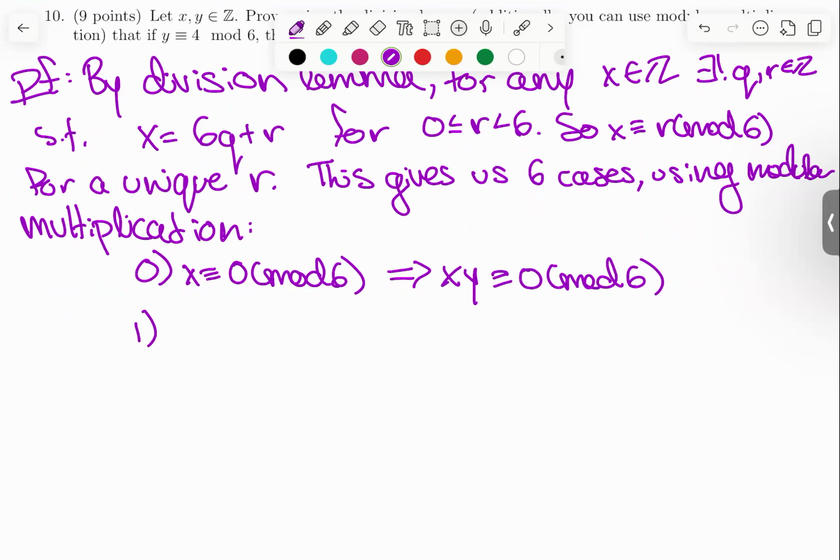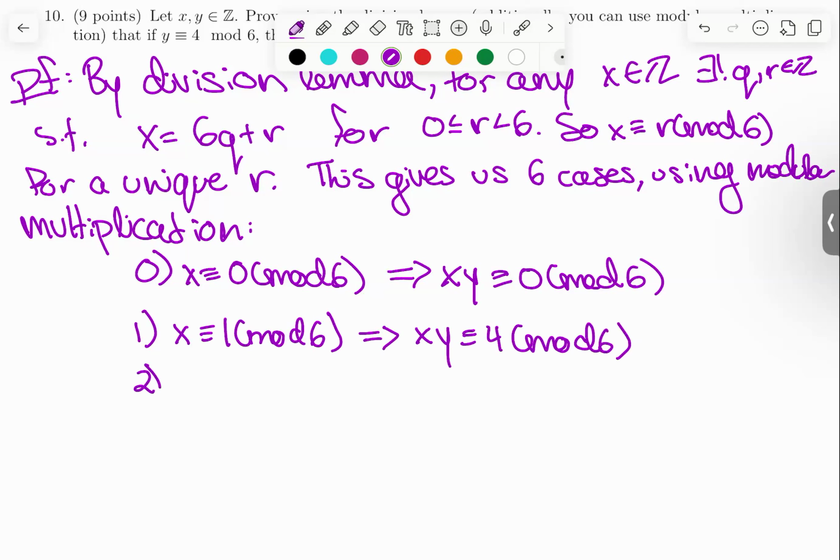Okay. When x is 1 mod 6, then x times y is equivalent to 4 mod 6. When x is equivalent to 2 mod 6, this is our first interesting one, then x times y, well, 2 times 4 is going to be 8.